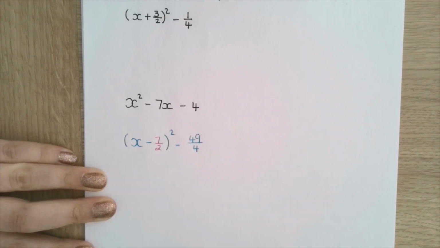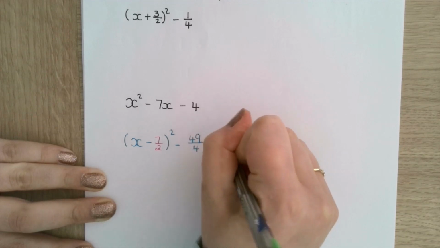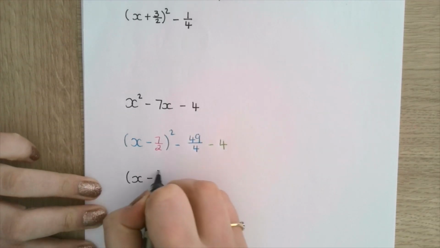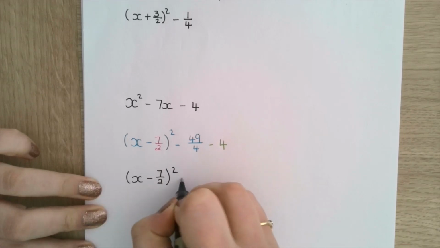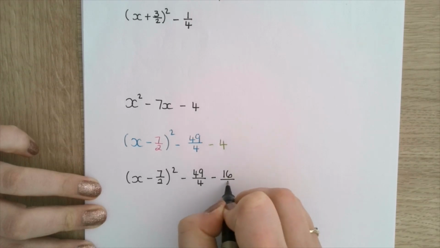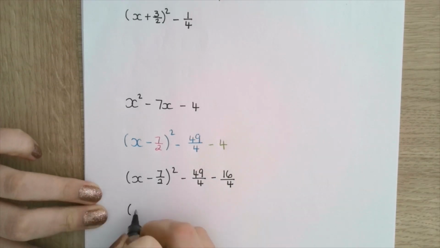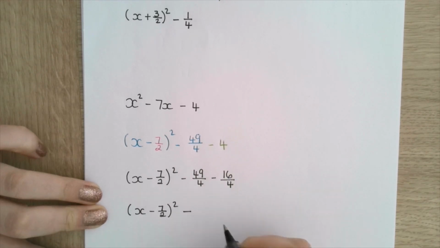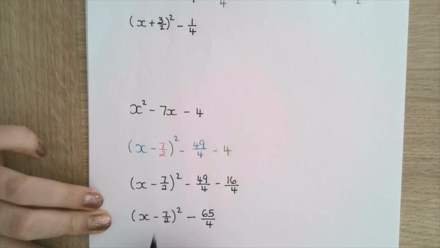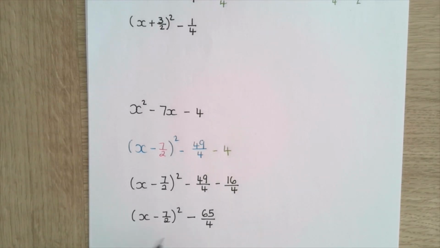I need to remember to include my minus 4 here. So I get x minus 7 over 2 all squared minus 49 over 4 minus 16 over 4. And then to just finish it off, I end up with x minus 7 over 2 all squared minus 65 over 4.